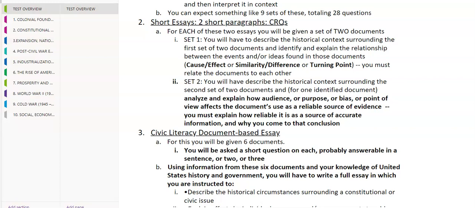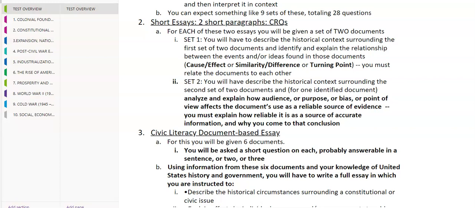In set 1, you will have 2 documents that are related to each other. You'll have to describe the historical context surrounding the documents, and then identify and explain the relationship between the events or ideas found in those documents.